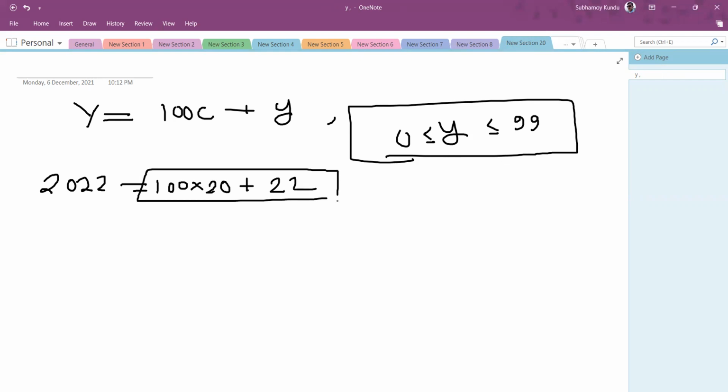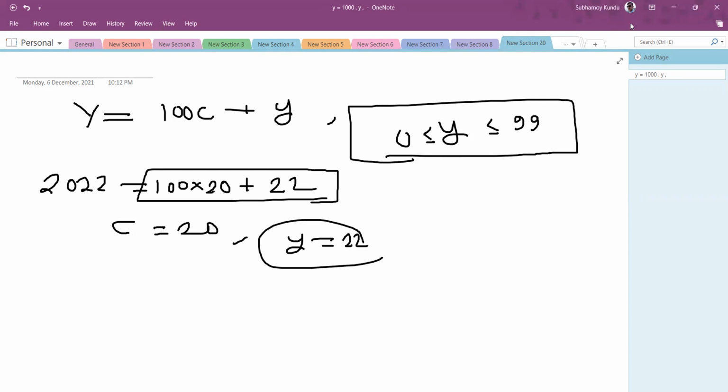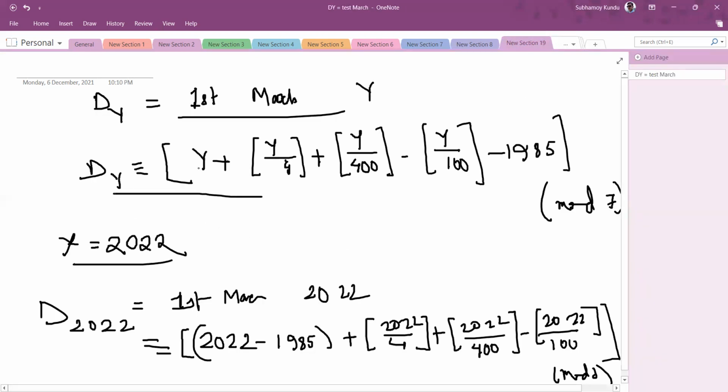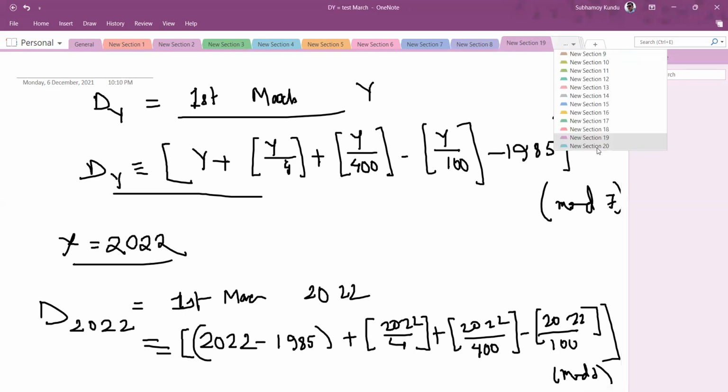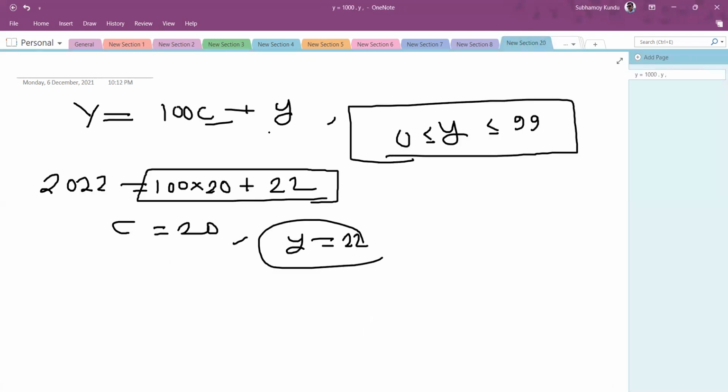In this case, C is nothing but 20 and y is 22. So the previous formula can be written more simply. Each and every capital Y can be written in this way. It's composed of two parts: the century part and the year part.